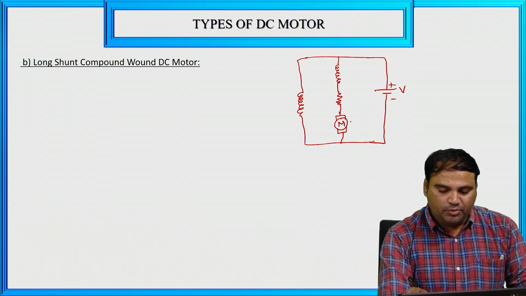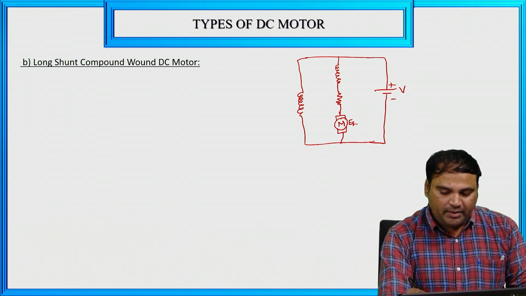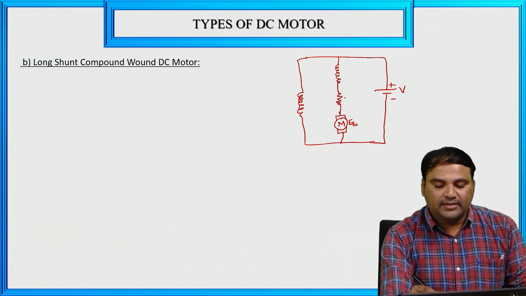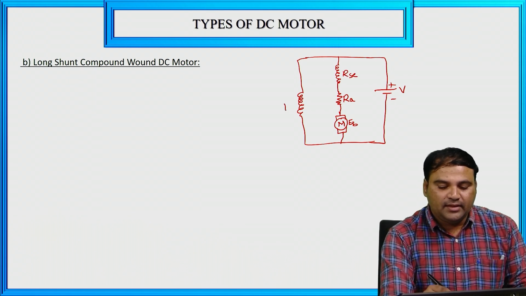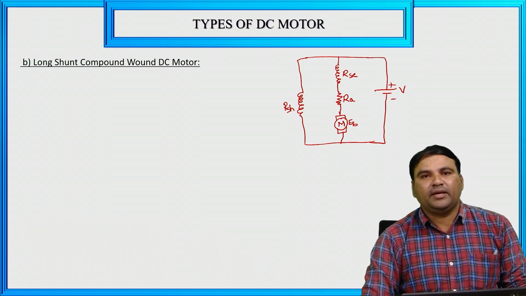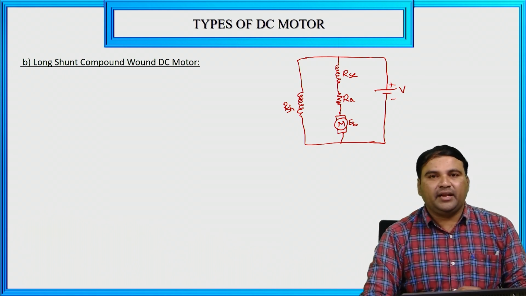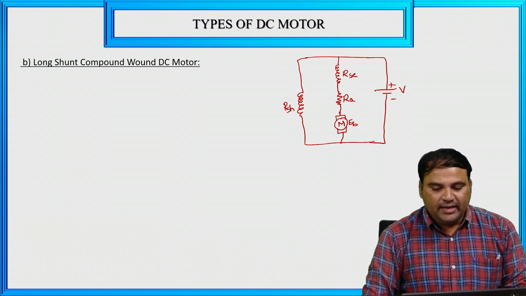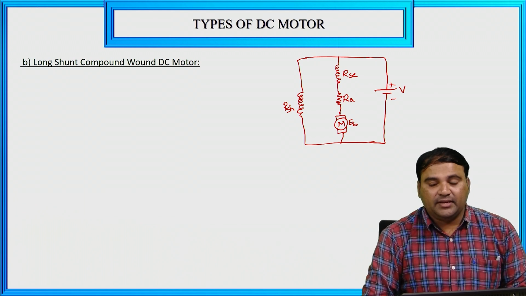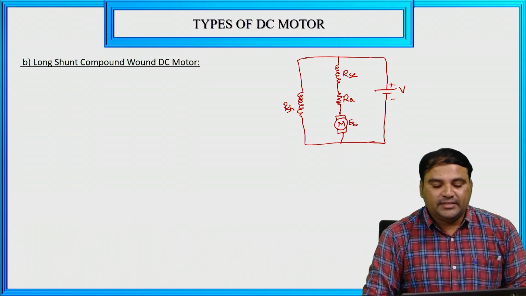So for this motor having EB, and this is armature resistance, and this is series field resistance, and this is shunt field resistance. Okay, at armature winding we are having the armature resistance, at series field winding the series field resistance, at shunt field winding the shunt field resistance.